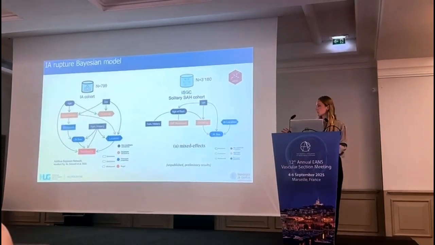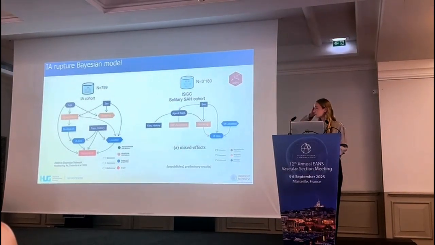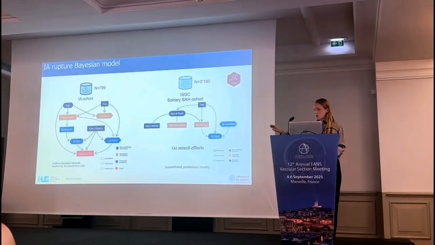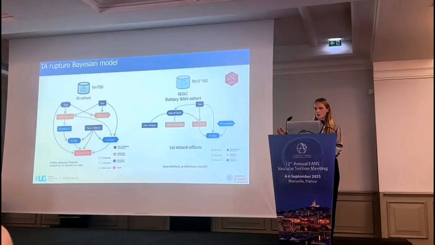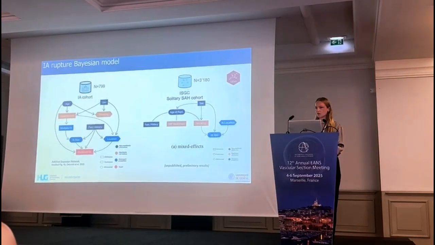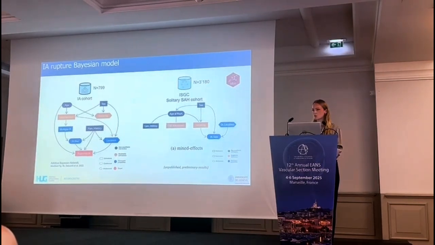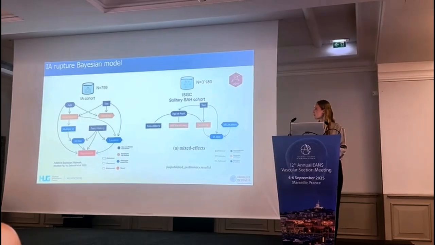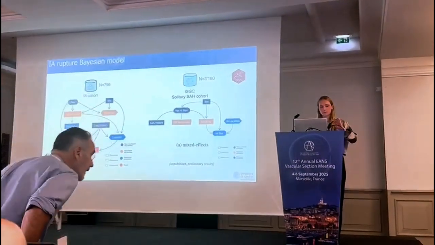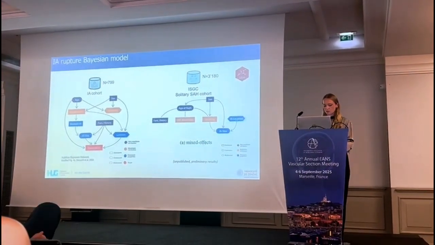The differences between both maps, on the left and on the right, are as follows. On the left, it models single center data, and the outcome is the probability of aneurysm rupture. So this graph is the work of Matteo Bellucci, published in 2022.